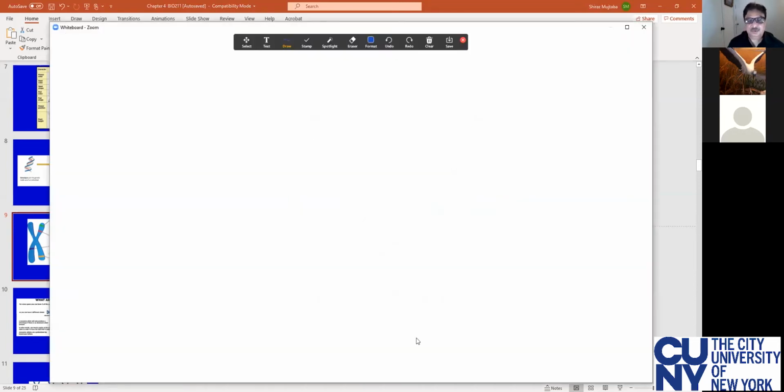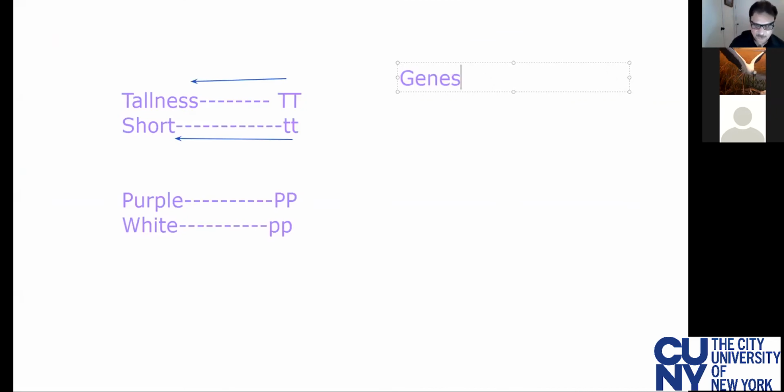To sum this up, genes are present on chromosomes at specific positions, and these genes represent characters, right? These characters could be the same, identical, or different. These genes code for or express similar or contrasting characters.